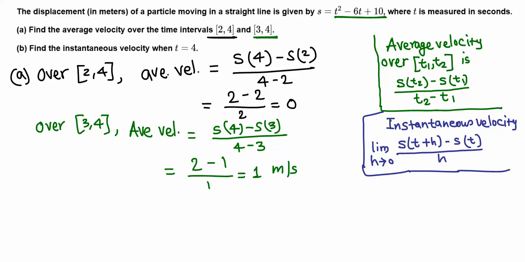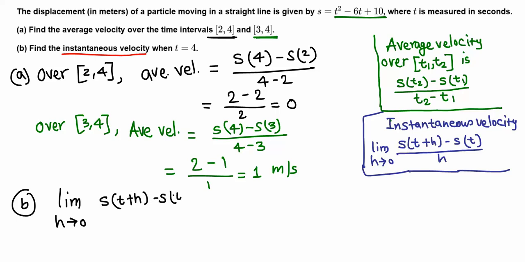In part B, we need to find the instantaneous velocity. So here's the formula, which is the derivative, by the way, and the formula is limit h goes to 0 of s(t plus h) minus s(t) over h, where s(t) is the displacement given.